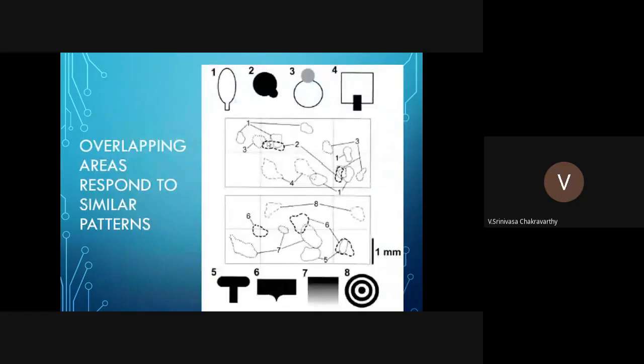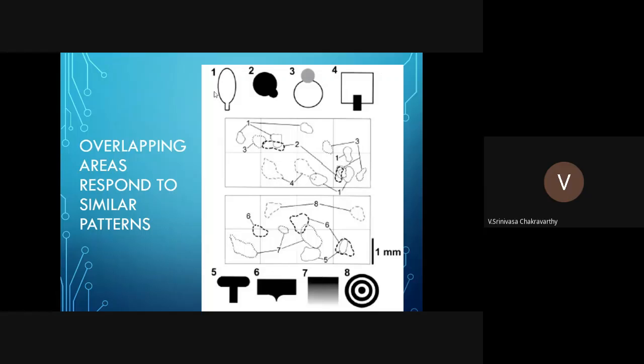Then another thing is if you probe the IT area or TE area horizontally, again, just like in orientation sensitivity or ocular dominance, nearby neurons in the cortex respond to similar objects. So look at this. The objects are numbered 1, 2, 3, 4 and 5, 6, 7, 8, the top and the bottom. Now, the middle figures show the cortical areas over which these objects produce some response.